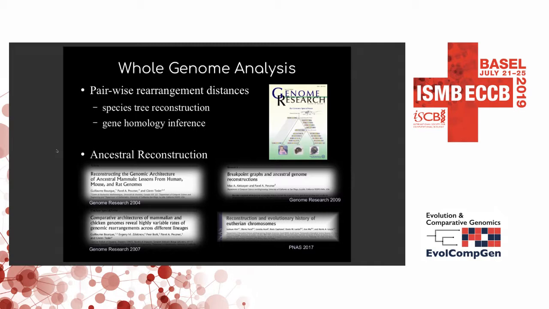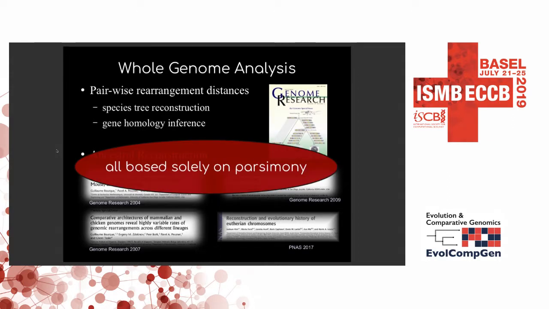So this has been done many times, and it's continuing research today. But there are problems with this. These are all mainly based on parsimony assumptions. And really what is happening is we have under-constrained problems here.